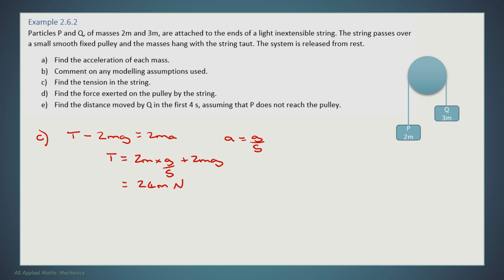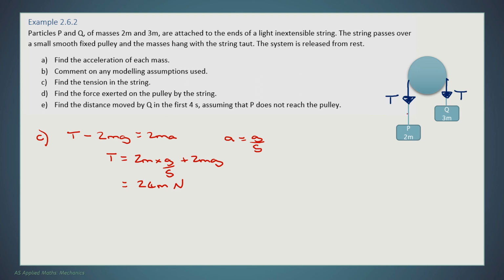Part D. Find the force exerted on the pulley by the string. So I talked about this briefly at the start of this part. If you think about the forces that are acting on the pulley, particle P is pulling down and particle Q is pulling down, and by Newton's third law that force is equal and opposite to the original tension.